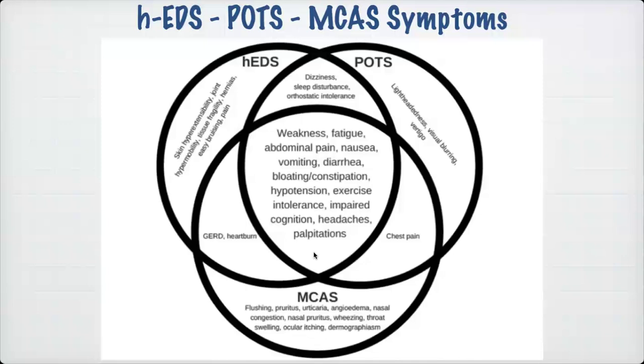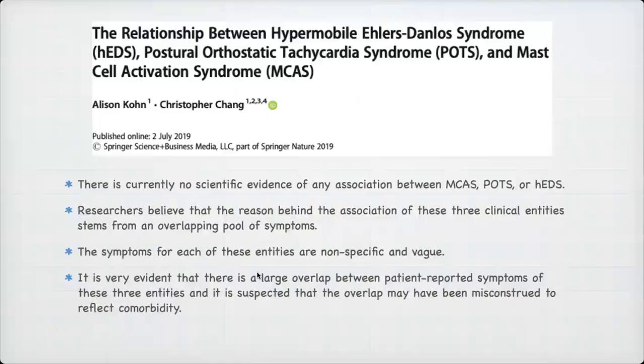There was a recent research where they compared the symptoms, how much they overlap in HEDS, POTS, and MCAS, and you can see there's plenty in the center. Weakness, fatigue, abdominal pain, nausea, so the functional GI disorders, bloating, constipation, hypotension, exercise intolerance, impaired cognition, headaches, palpitations.